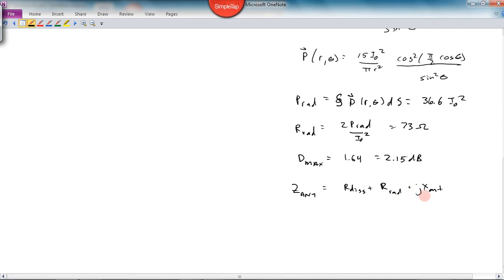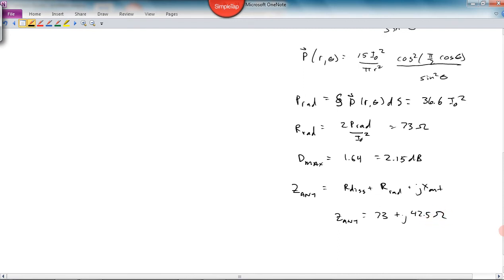It's a little bit outside of the scope of this class, but in general, for a half-wave dipole, Z antenna, assuming that we've got a perfectly efficient antenna and R dis is 0, is going to be 73 plus j 42.5 ohms.